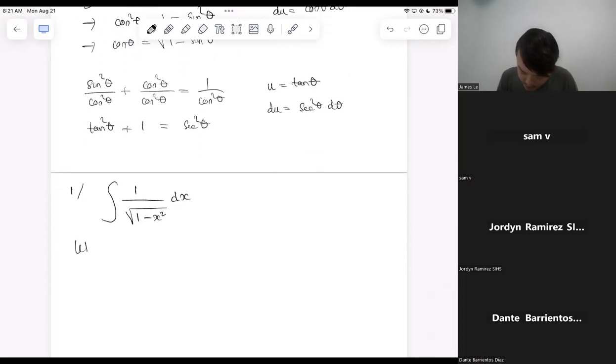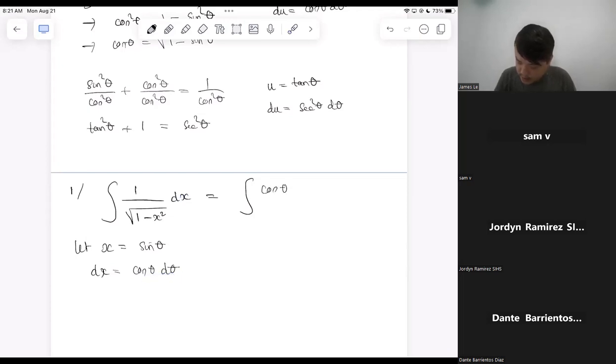If you let x equal sine theta, then dx is just cosine theta d theta. So the integral becomes: you have dx here, and dx equals cosine theta d theta, so you replace dx by cosine theta d theta.